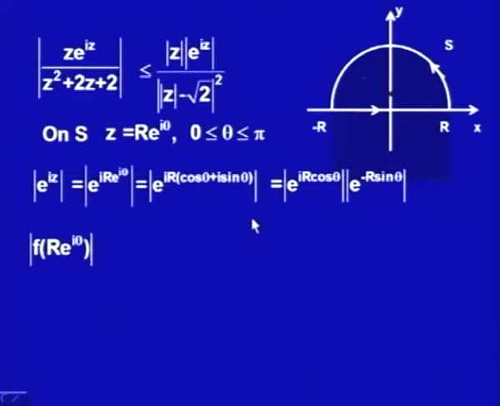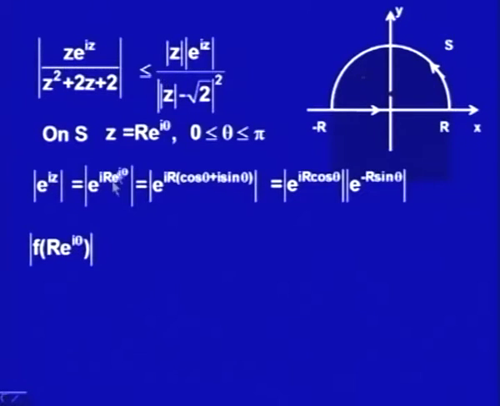Now, write this function f z, with z represented in this parametric representation. So, I would get the integral on S of f z dz as the integral from 0 to pi of f of r e to the power i theta, and dz would be i r times e to the power i theta d theta. So, that we are going to do. Let us see f z, this is this one. I am writing it as f of r e to the power i theta.